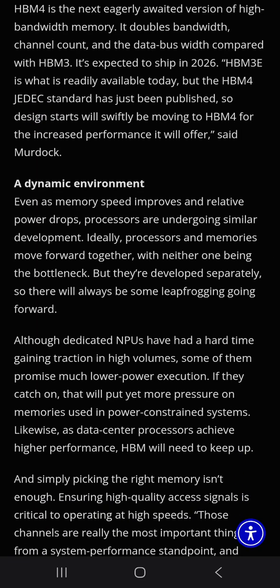A dynamic environment. Even as memory speeds improve, their relative power drops, and processors are undergoing similar development. Ideally, processors and memories move forward together, with neither one being the bottleneck, but they are developed separately, so there will always be some leapfrogging going forward.